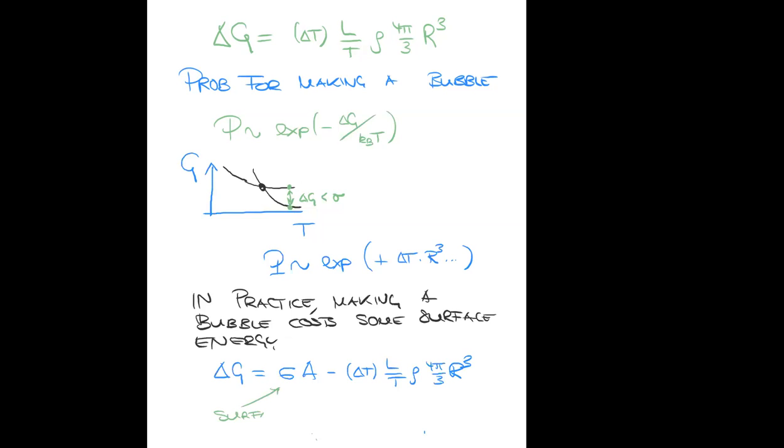On dimensional grounds, it's a surface energy because Gibbs free energy has the units of an energy, so sigma is an energy per unit area.